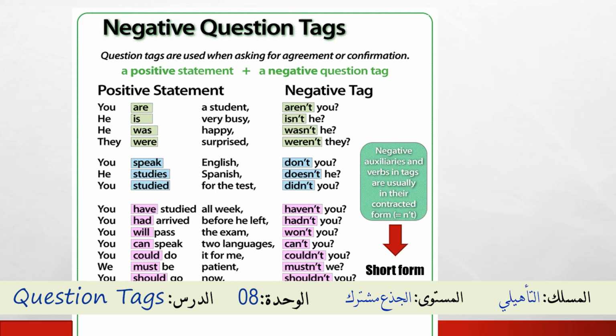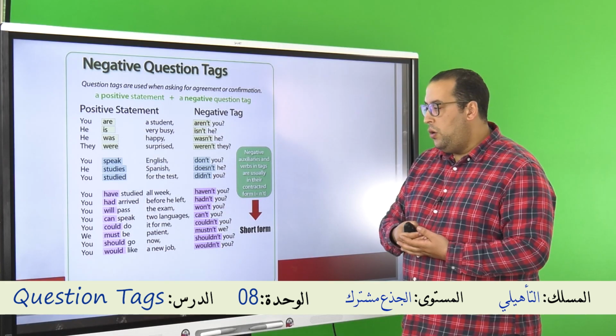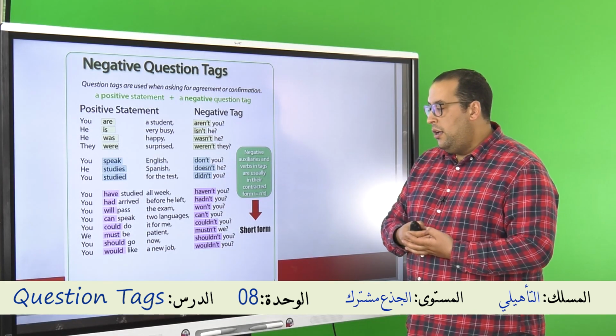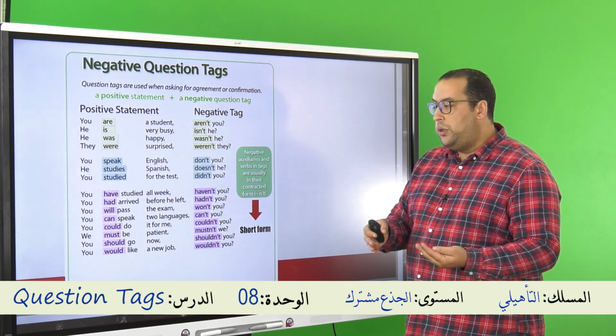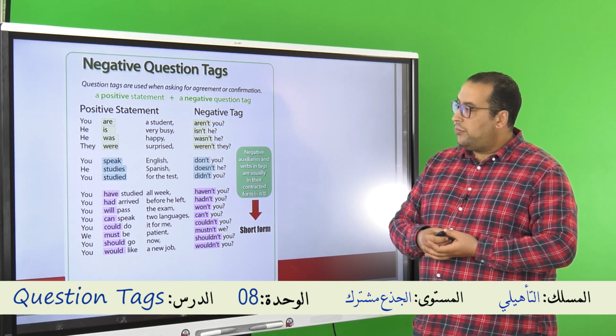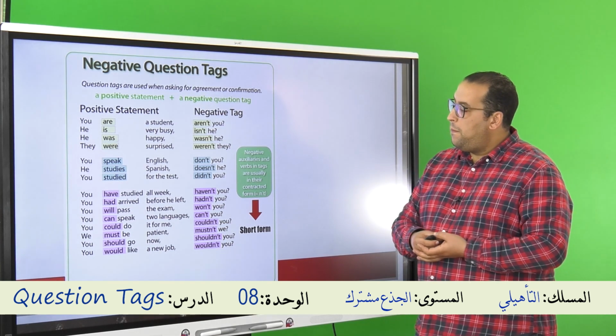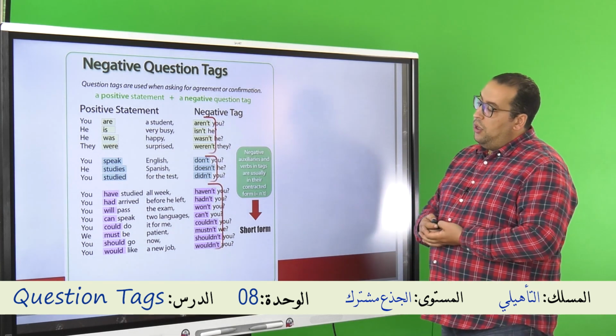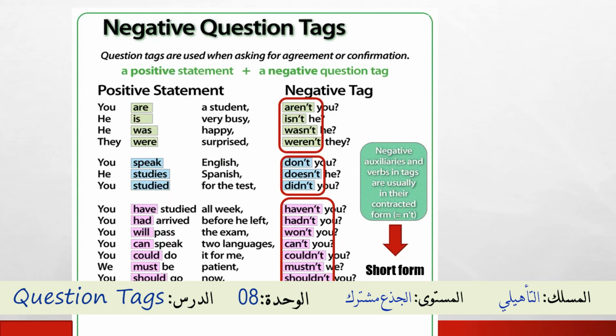You see, it's so long, and it's lagging, it's not fluent. So it's better to say, we must be patient, mustn't we? Okay? So, as we said before, pay attention to this part, the negative tag or the question tag.